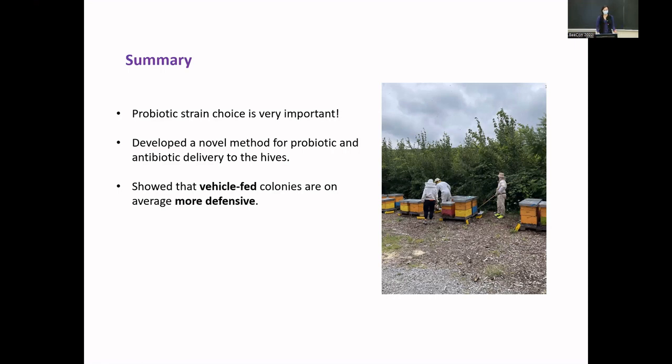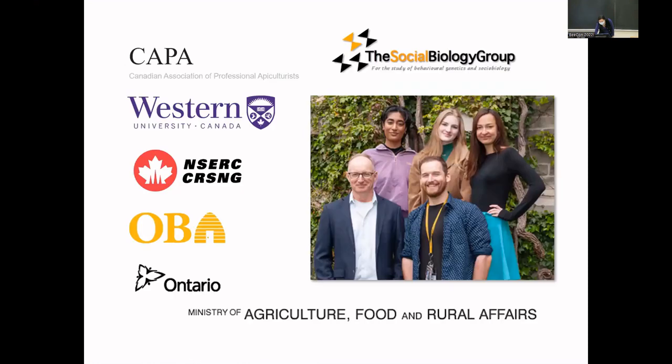And we showed that vehicle-fed colonies appear to be more defensive. And for our next season, we plan to also test their hygienic and recruitment behaviors. And with that, I would like to thank my lab and you for listening. And I'll take some questions.